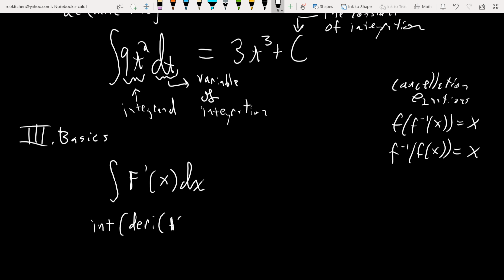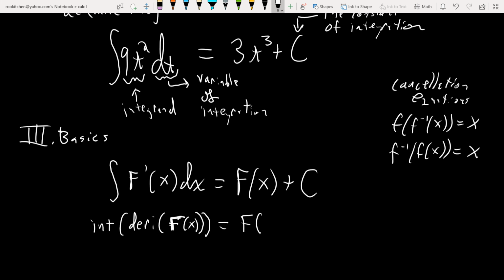Or I guess here, big F of x. So instead of just putting a variable in, it's kind of like you're doing an operation on a function. Okay? You would expect it just to be big F of x, right? But no, whenever you do an integral, you always have to include that plus c. So yeah, it is kind of big F of x, but then you have this plus c thing to deal with. Okay?